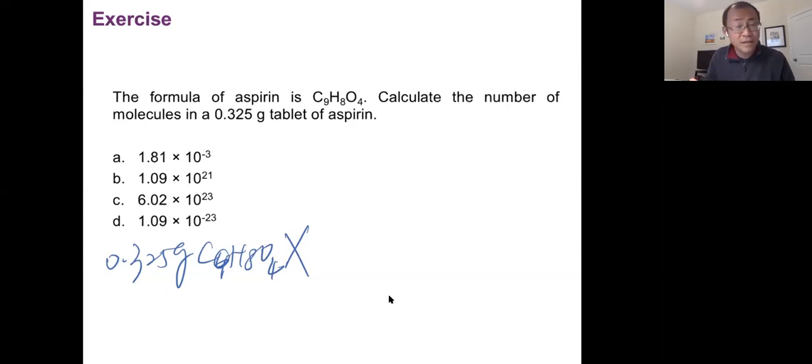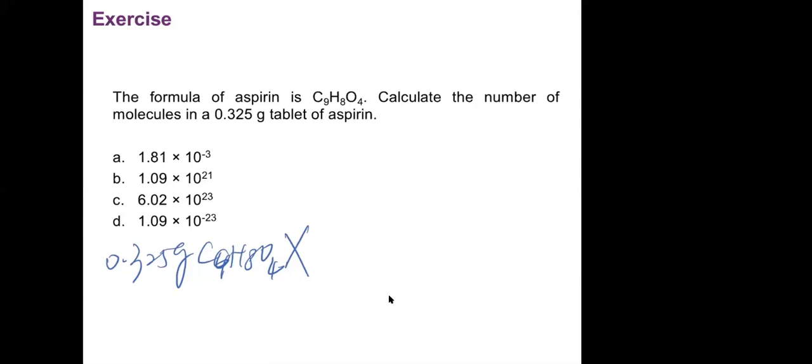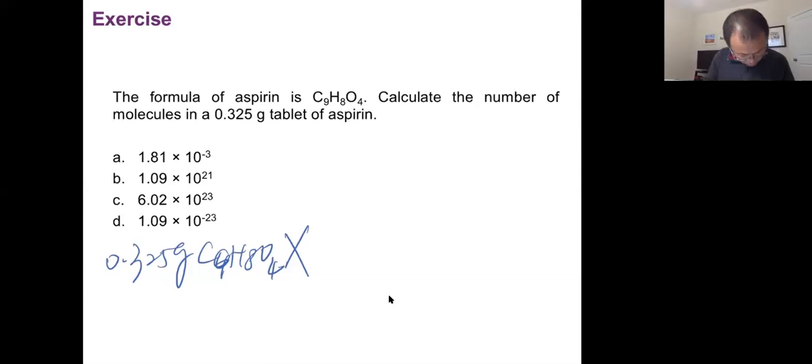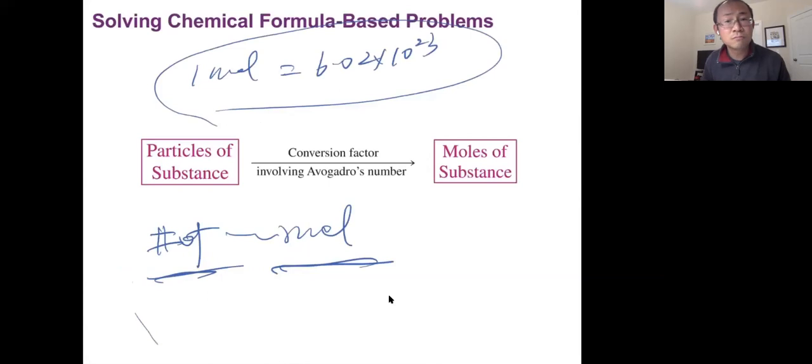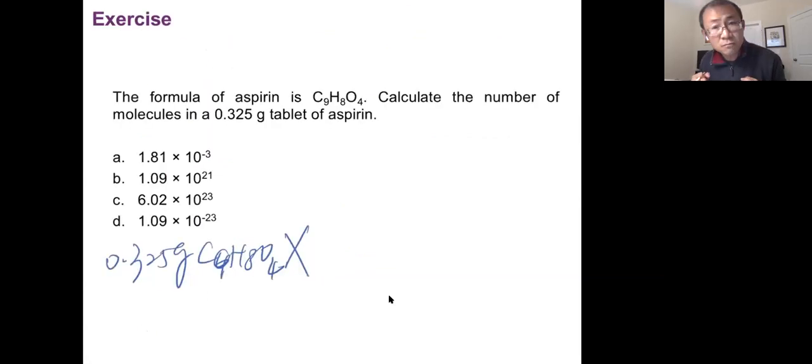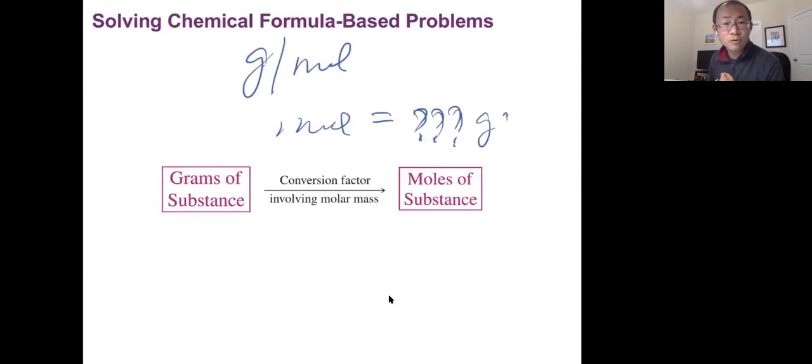Does it make sense? First, they're asking number. How do I know the number? From moles. But I'm not given moles. I'm given grams. That means I need to convert grams to moles.